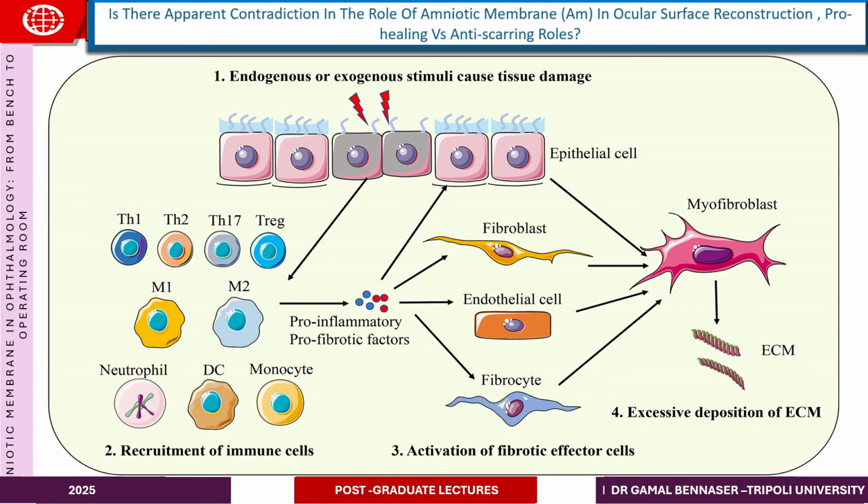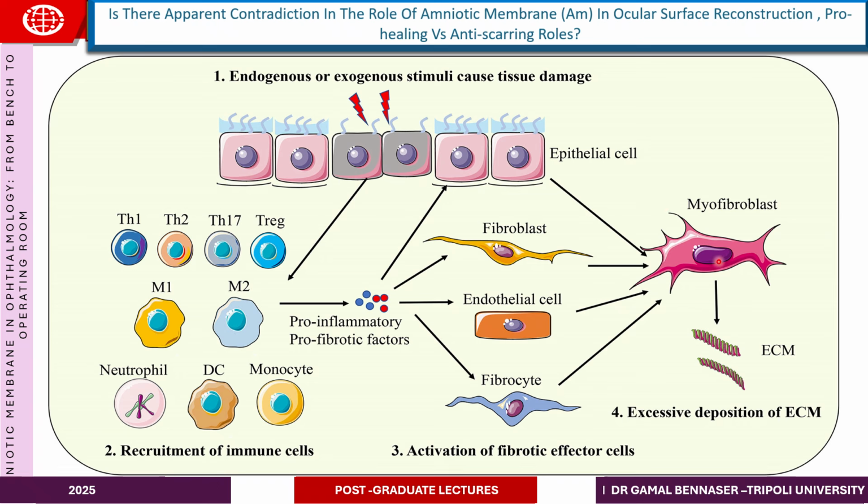Apparently, you will feel that there is a contradiction, but this is not the case. As you know, in any inflammatory process there will be some mediators that promote the inflammation, and this inflammation will end up in healing. And if this inflammatory process continues and the mediators don't disappear, this will lead to activation of plenty of fibroblasts, and these fibroblasts will be converted to myofibroblasts, and this is the problem.